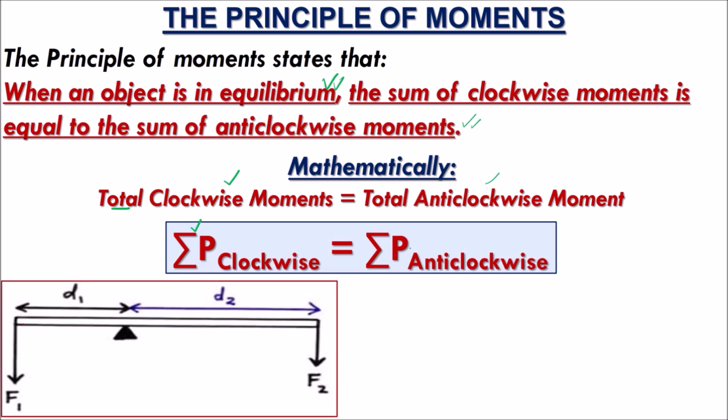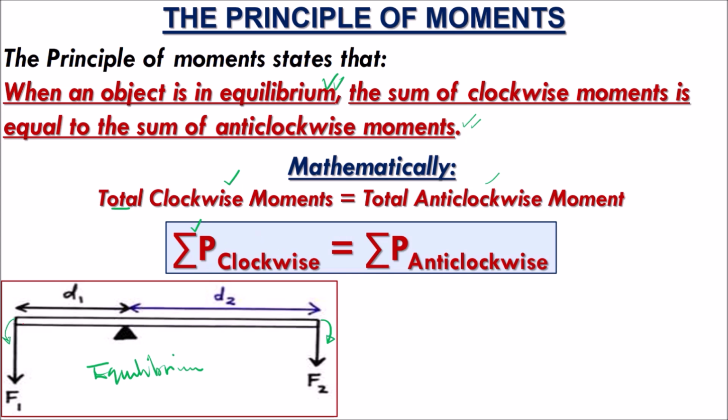For example, we have this lever which is at equilibrium. The sum of clockwise moments is equal to the sum of anticlockwise moments once it's in equilibrium. Clockwise, we just have one force providing one moment.